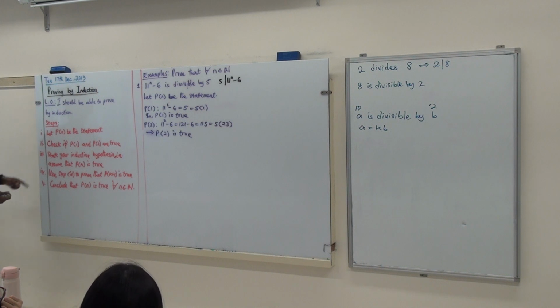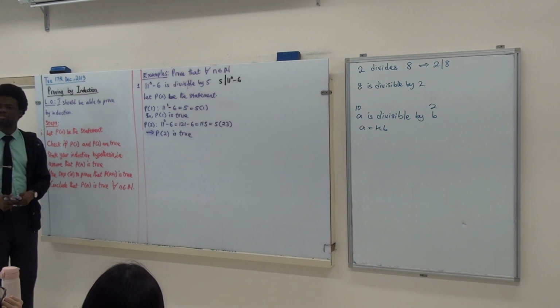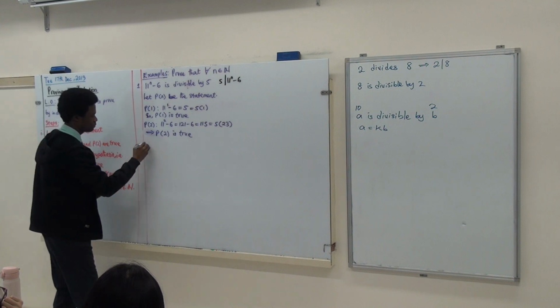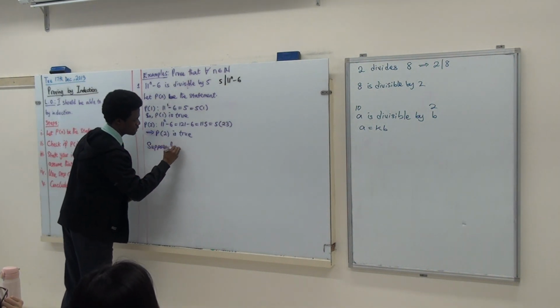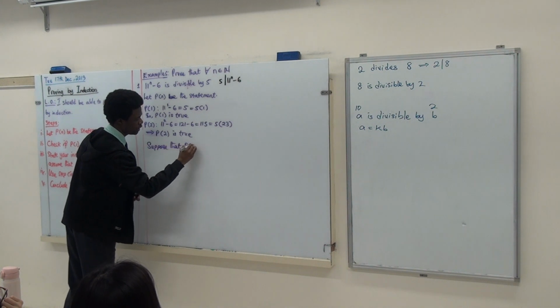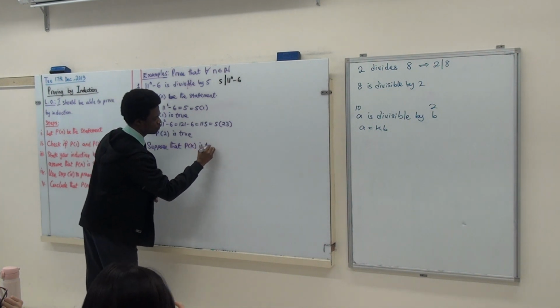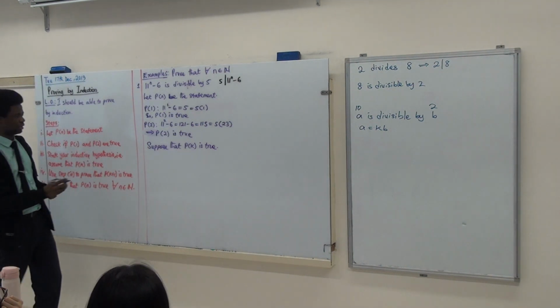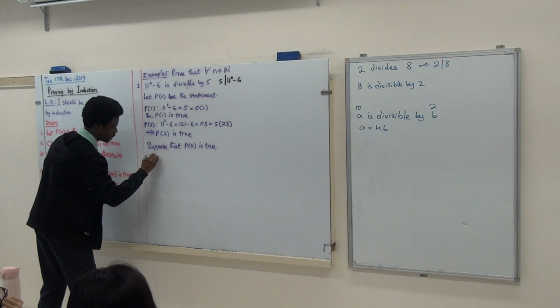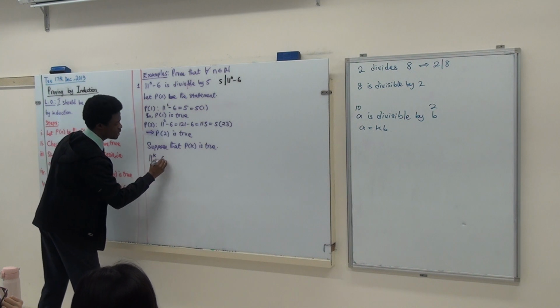The next step is to state our inductive hypothesis by saying, suppose that Pk is true. Now what does that mean? It means 11 to the power k minus 6 equals what?